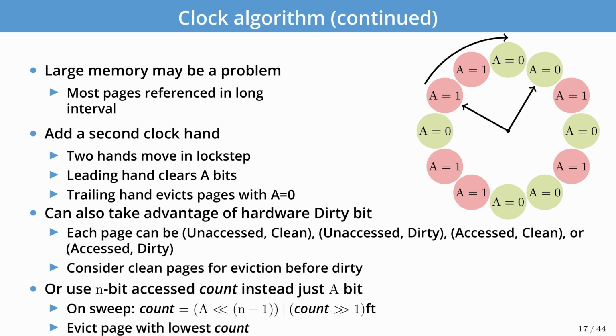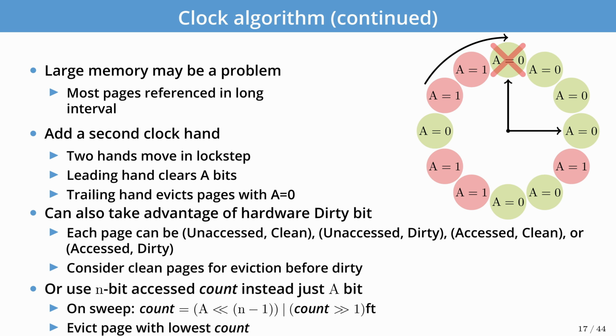This brings us to the first main modification that we'll make to the clock algorithm. The basic one is that clock will have two hands. One hand is clearing the access bit, and the second hand is deciding whether or not to evict a page. The first hand, as we can see in this example, clears the access bit, and the second hand, at the same time in lockstep, is making forward progress, and it sees pages that have been recently accessed and skips them.